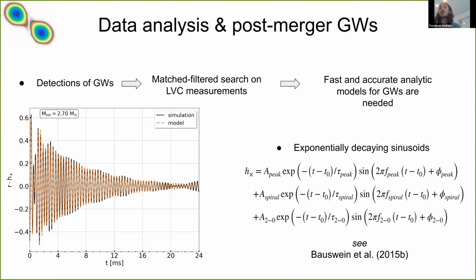As an example, I want to show you this figure on the left here, which is a comparison between a simulation, which is the black curve, and the orange one, which is a model using this kind of analytic model. You see a very nice match.